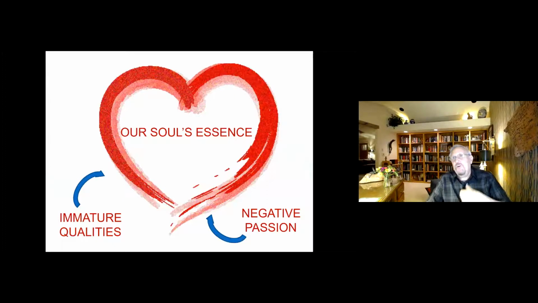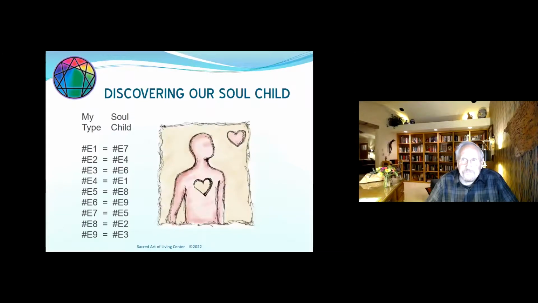We start to see the immature qualities and the negative passions of our soul child instead of the heart point or the essence. And as long as I get stuck there or get frightened by that, then I'll probably just give up on this, and I'll just be happy to stay in I know I'm a 3 on the Enneagram with a 4 wing, and I guess that's good enough. No, it really will not. It is not the map for transformation.